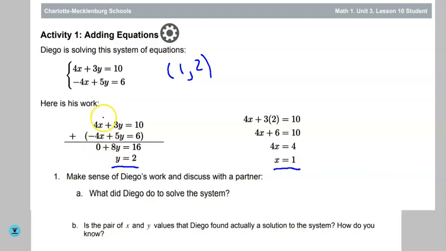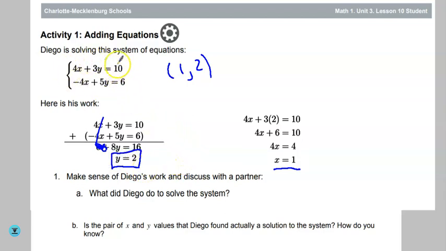And that will eliminate that term. 3y plus 5y is 8y. 10 plus 6 is 16. So he's adding everything together, the x's, the y's, and the constants. Now, since that's 0, he doesn't need it. Divide by 8, 16 divided by 8, and he got y equals 2.